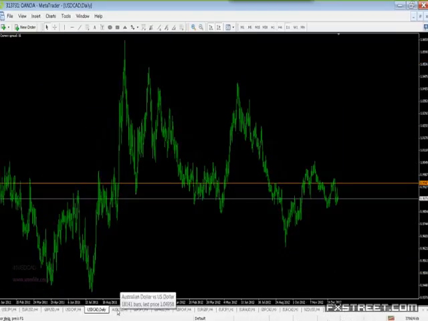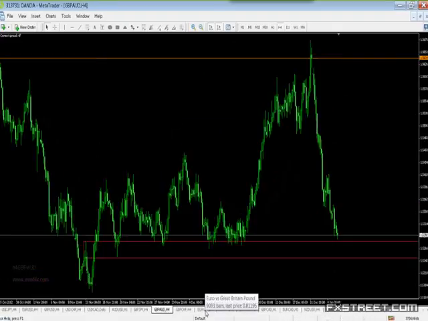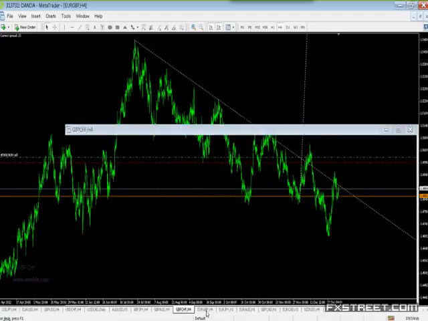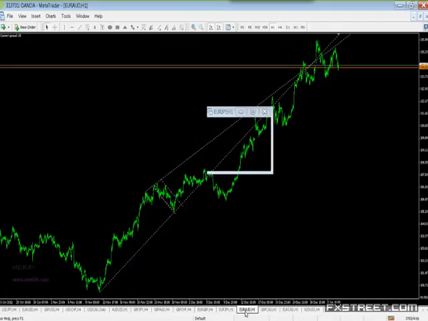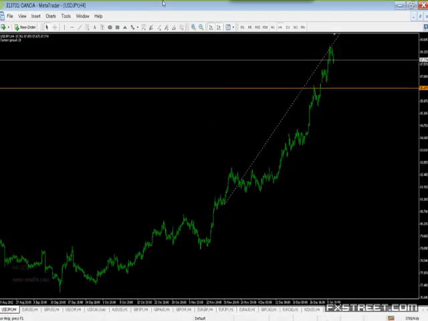We've got dollar Canadian, the Aussie, the yens, and if you're looking through those screens, they've all got this big orange line across it. What that orange line is, is the closing price on the 31st of December, and on some occasions it represents the opening price on the 2nd of January.